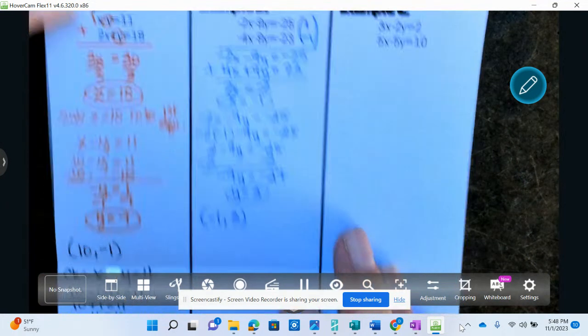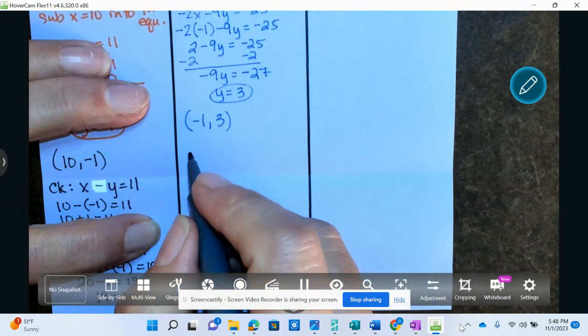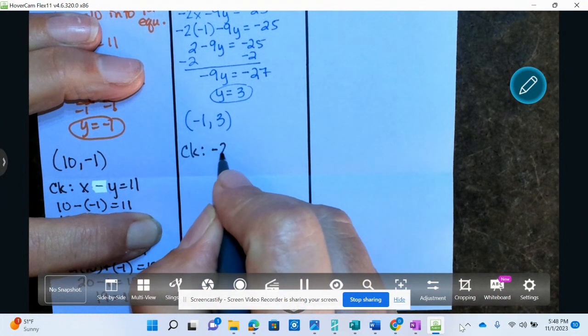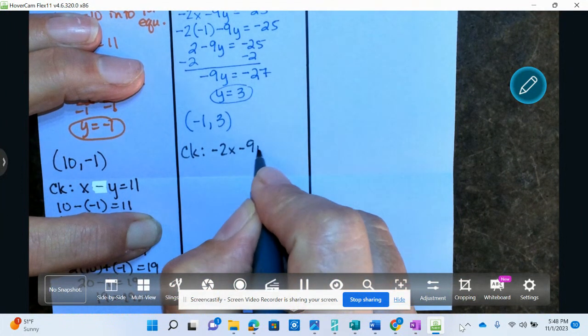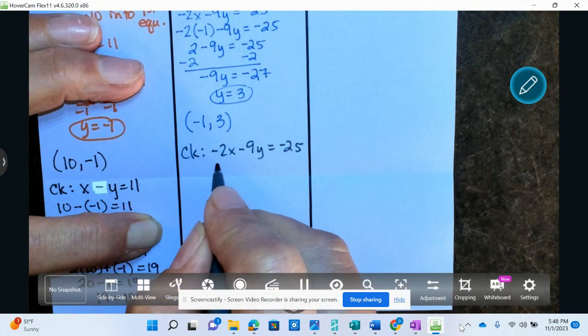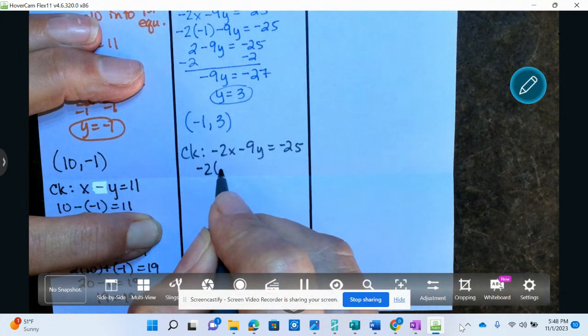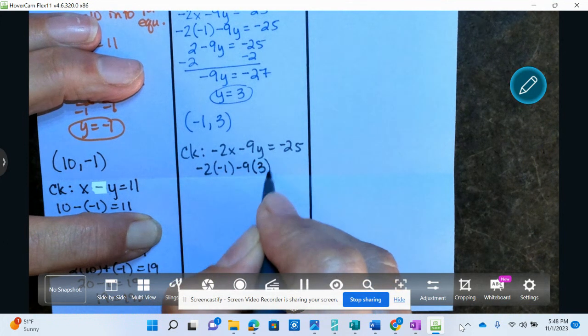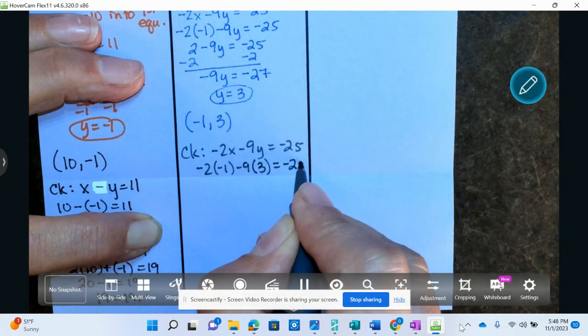So I'm going to check equation number 1. Negative 2x minus 9y equals negative 25. So negative 2 times x, which is negative 1, minus 9 times y, which is 3, equals negative 25.